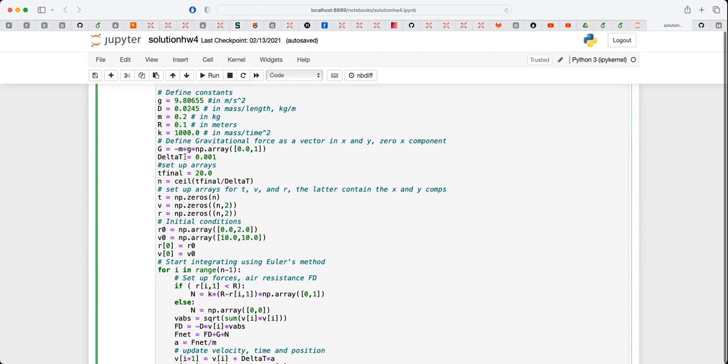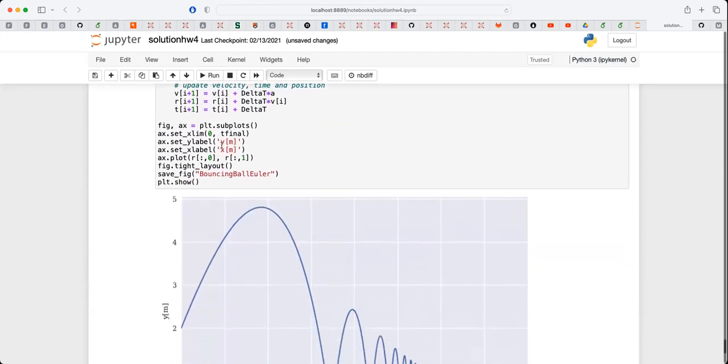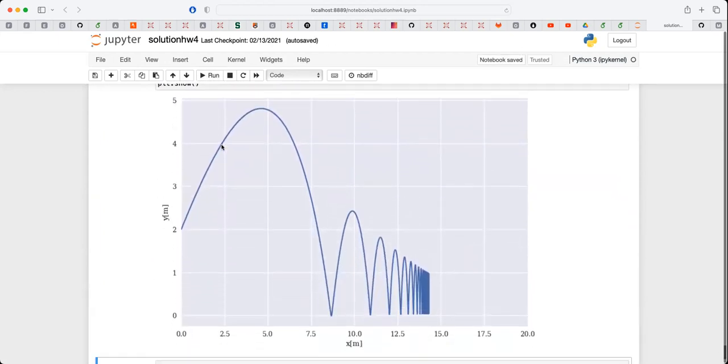Okay? So let's look at the simulation now and just run it as it stands. Now it contains the gravitational force, the normal force, and also the air resistance. So let's just run it as it stands here. And this is what we see.